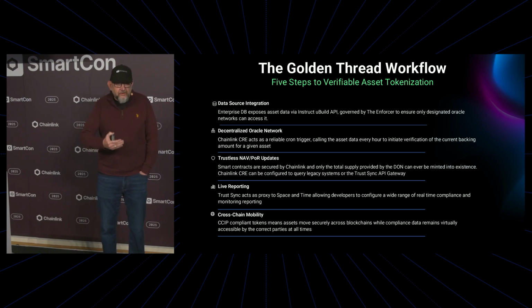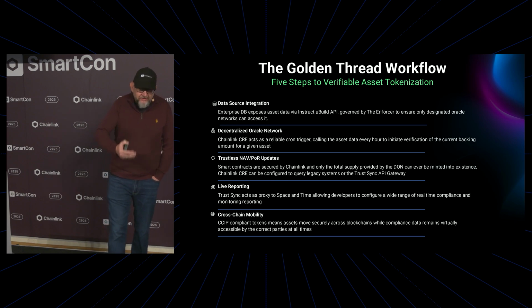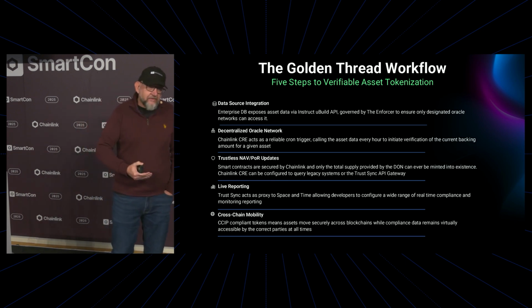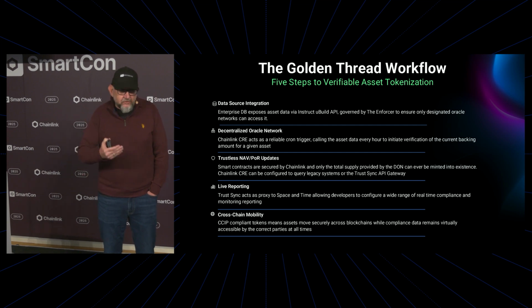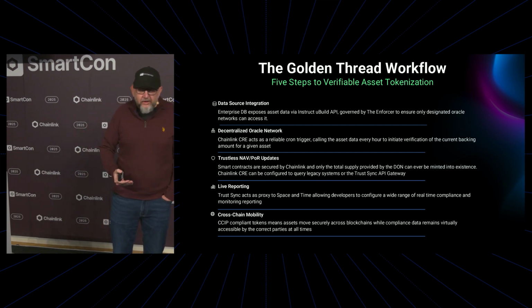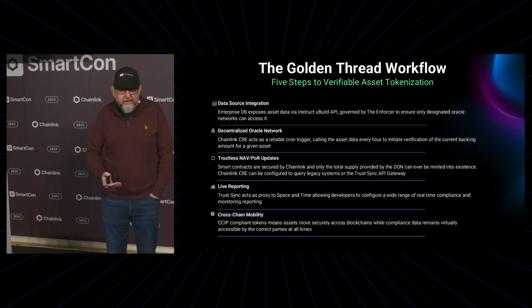Just saying on a monthly basis that this asset is real and this is the amount is not sufficient, even though we recognize that the GENIUS Act requires a monthly independent attestation for stablecoins. We believe that should be a golden thread. This should be live. You should know that your token is backed by assets on a continuous basis.